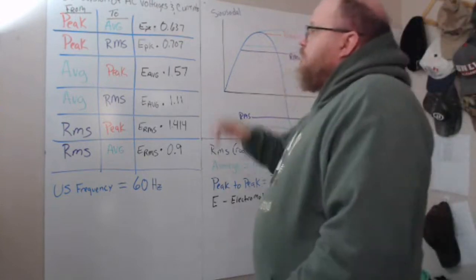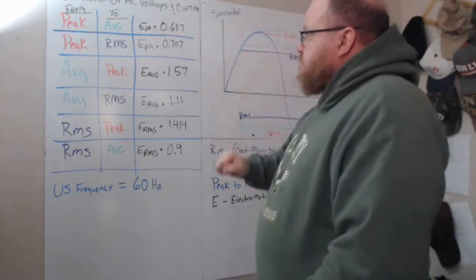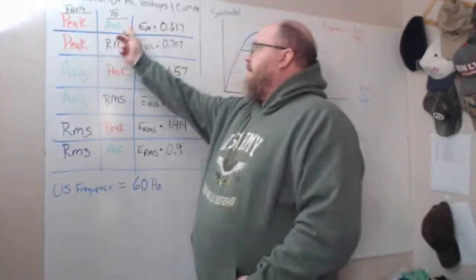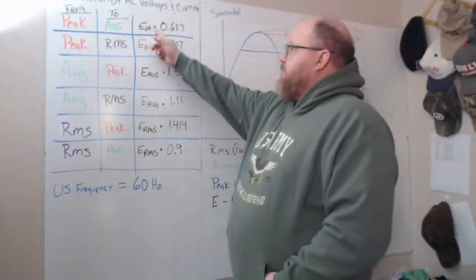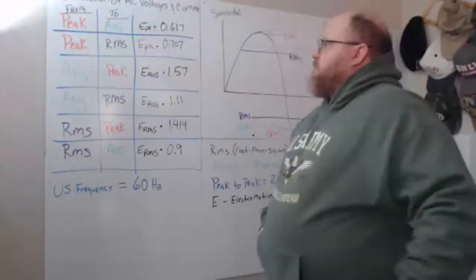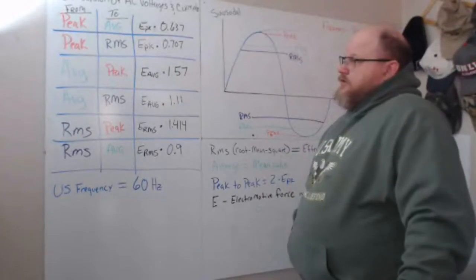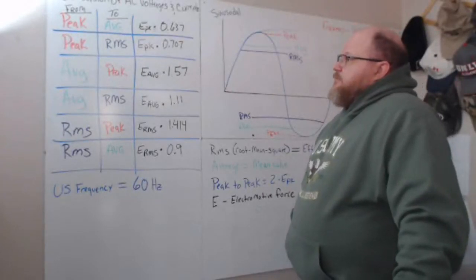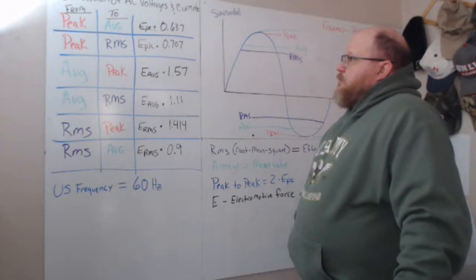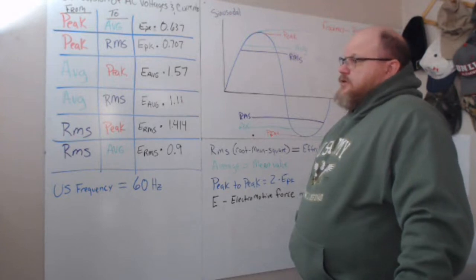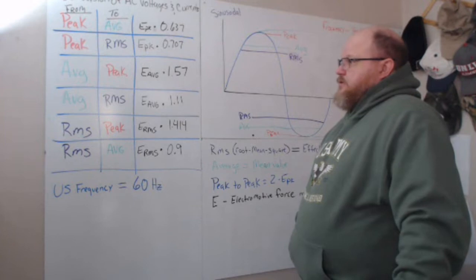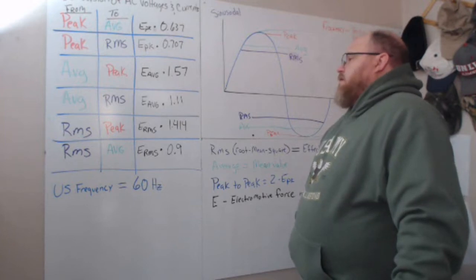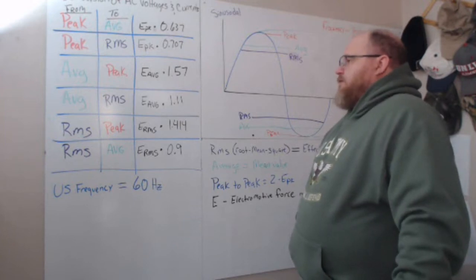So when we're converting peak to average, we take the peak voltage and multiply it by 0.637. When we're converting peak to RMS, we use peak voltage times 0.707. If we're converting average to peak, we're using the average times 1.57.